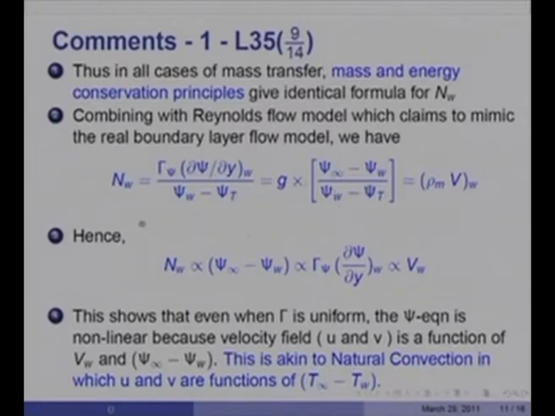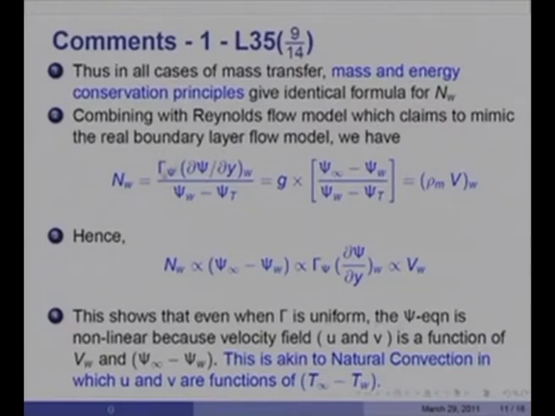What it shows is that the rate of mass transfer would be proportional to psi infinity minus psi W. It will also be proportional to the gradient of psi at the wall, and it will be proportional to VW. This shows that even if gamma is uniform, the psi equation is non-linear.